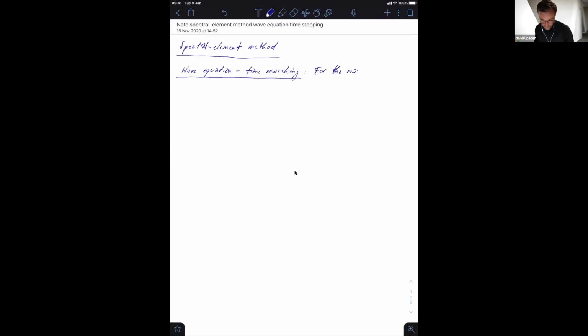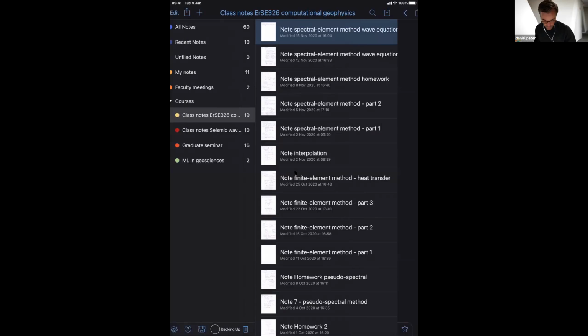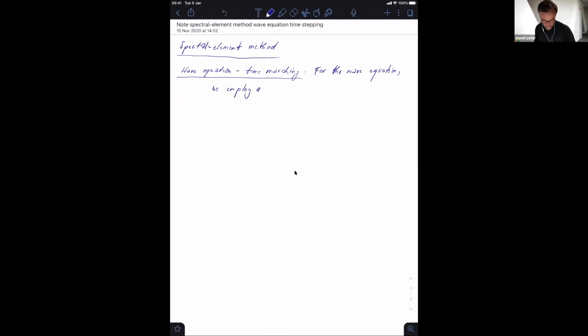So for the wave equation, we employ the so-called Newmark scheme, which belongs to the family of the predictor corrector schemes.